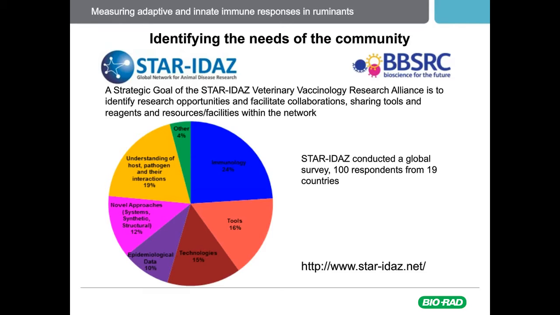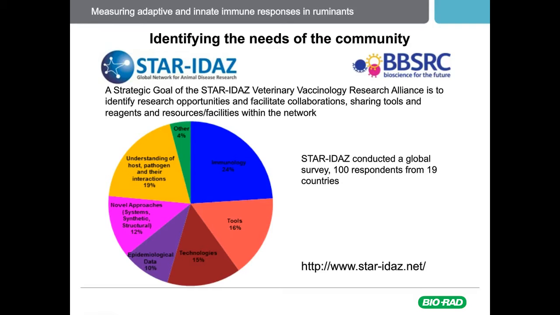what were the barriers to improving our research capability for control of the veterinary diseases and zoonoses. And you can see from this pie chart here that immunology figured very highly, tools and understanding host pathogens and their interactions.